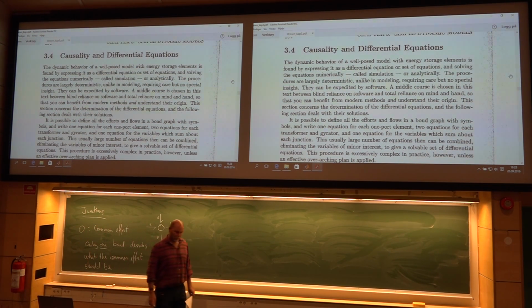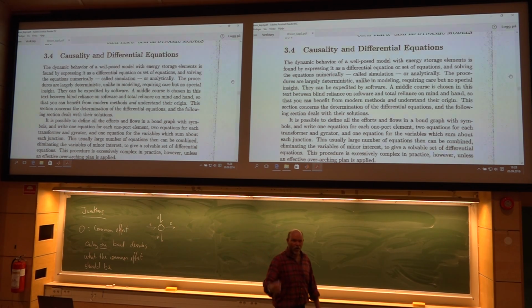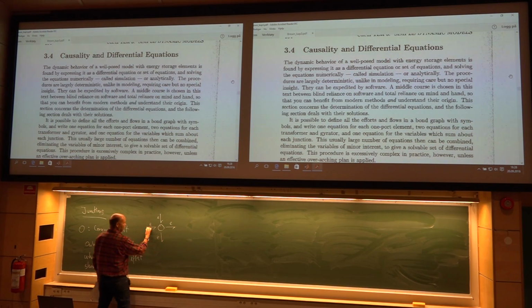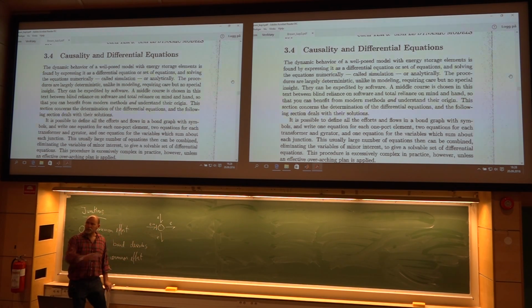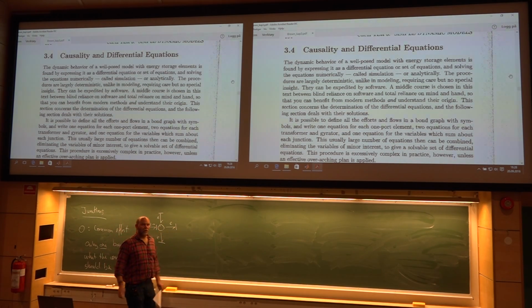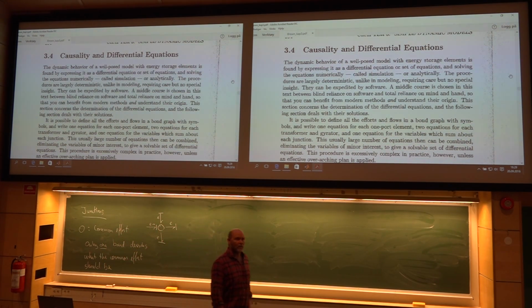Only one is allowed to do that. Only one is in charge. Which means, say now it's this guy, he decides. Then I put a cancel stroke here. This effort goes like this into this one junction. Now this bond dictates what the common effort should be, meaning the rest of the strokes have to be away from this zero junction. No question. That's the way it has to be.